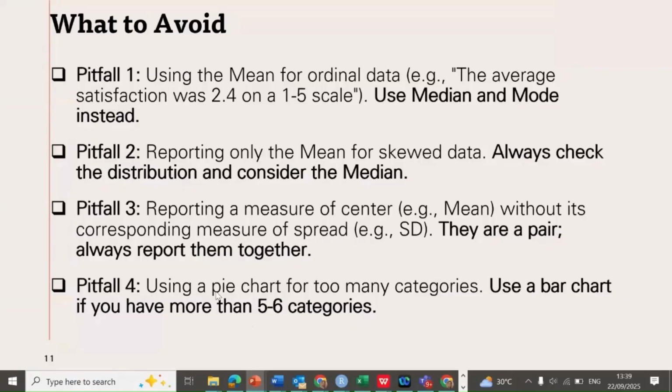The fourth pitfall will be using a pie chart for too many categories. And this is why pie charts are no longer encouraged in literature. Most literature you see uses bar charts instead of pie charts, right?